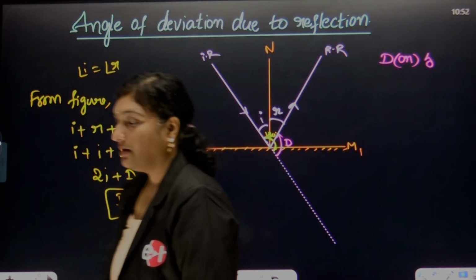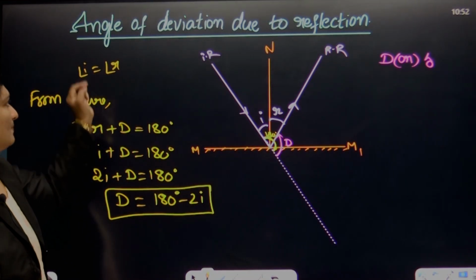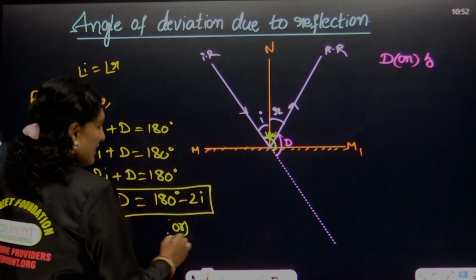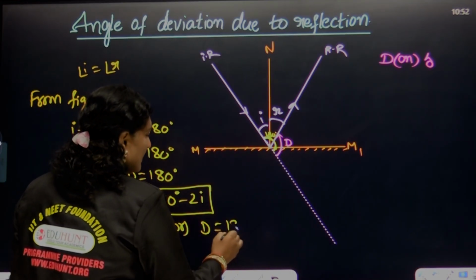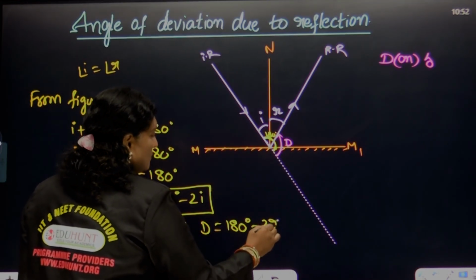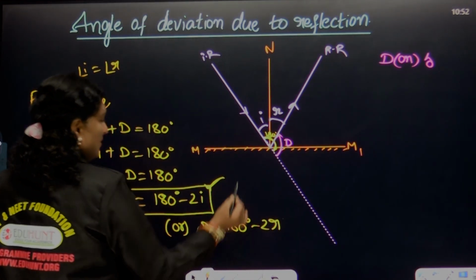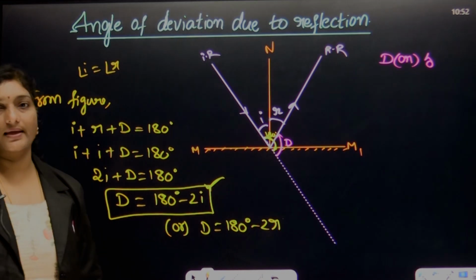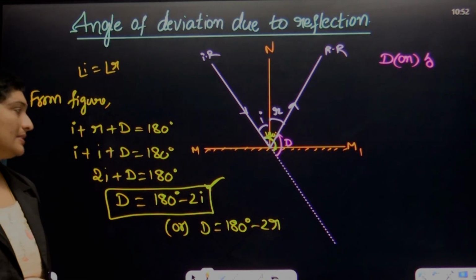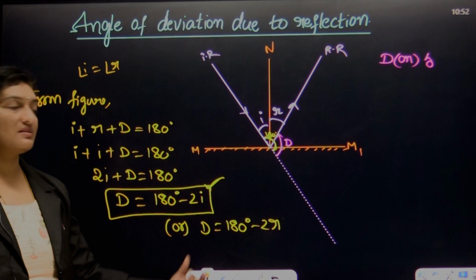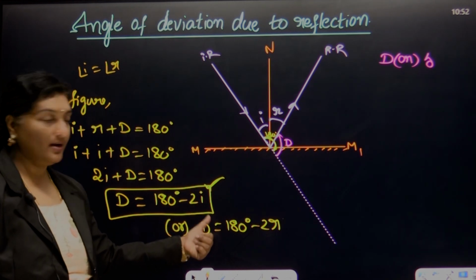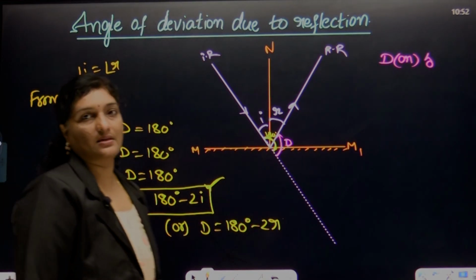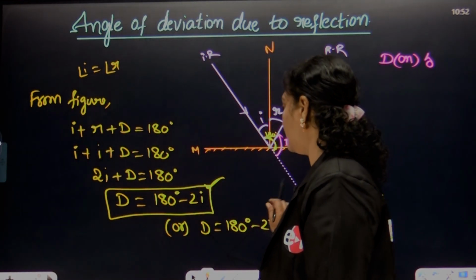Instead of this, we also know that I can be replaced with R, so we can even write the value of D as 180 minus 2R. But generally, we will consider D equal to 180 minus 2I as the general formula. Suppose in some numericals the value of I is not given, and as we know that I is equal to R, I can be replaced with R and you can use this formula too.